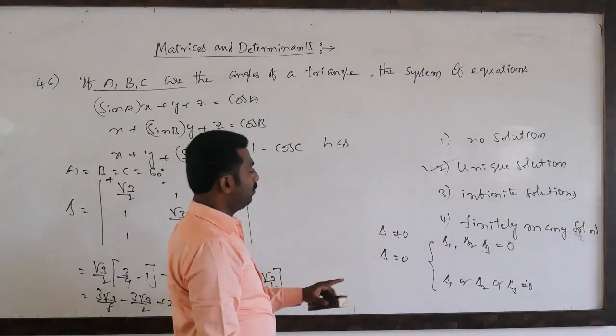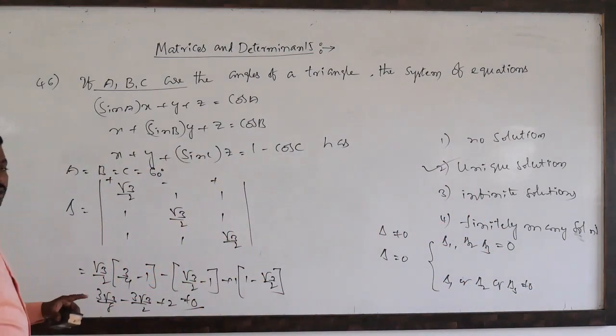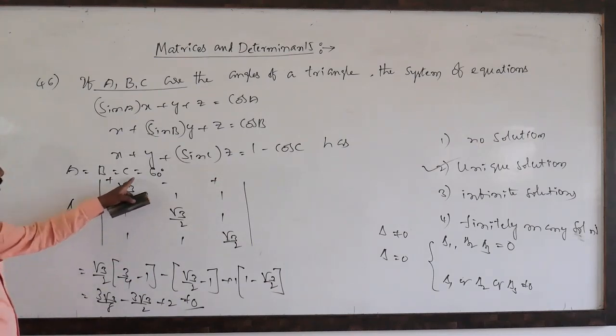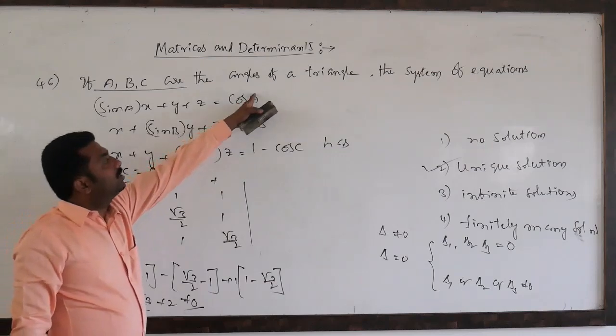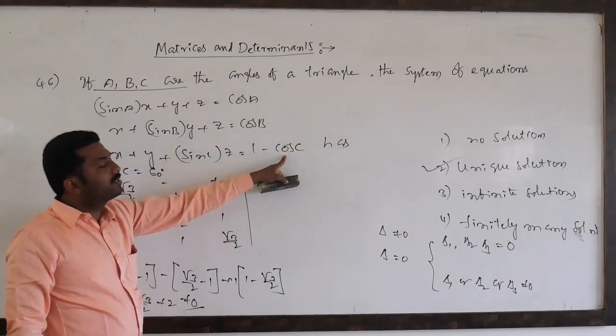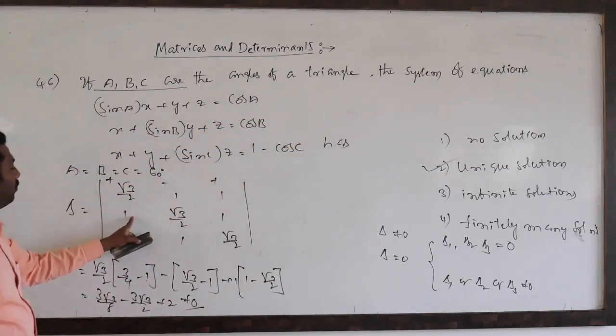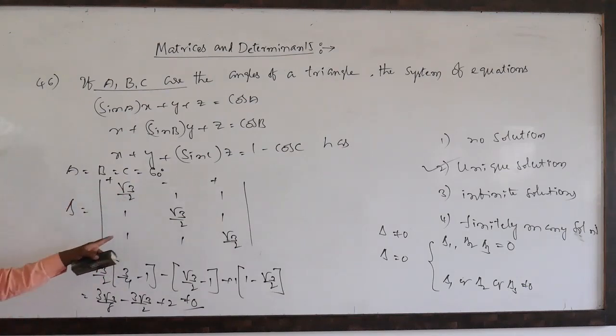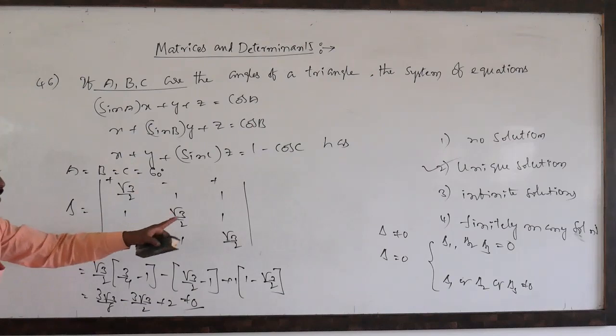Suppose delta equals 0, then we have to calculate delta 1. How to calculate delta 1? All the first column elements are replaced by cos A, cos B, 1 minus cos C, that is cos 60, 1 by 2, 1 by 2, 1 by 2. If you simplify this and the determinant is 0, then delta 1 is 0.